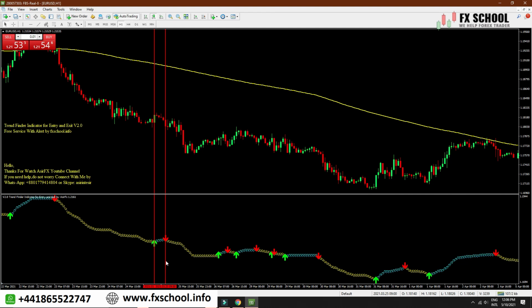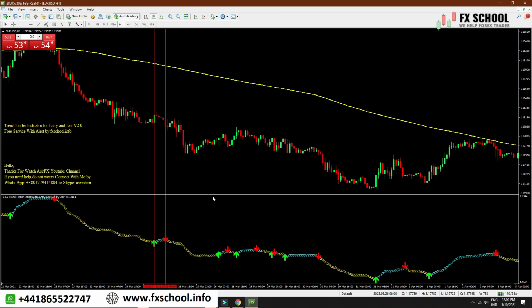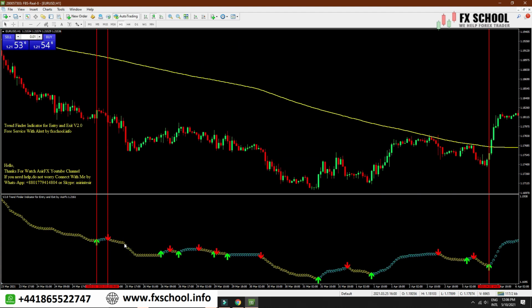Okay, so at a time you have to open only one trade. Say for example at that position you open a sell order, but after a while we get a buy signal, for example there. So if this order is not closed, do not open a buy order. If you have an open sell order, then you have to wait.